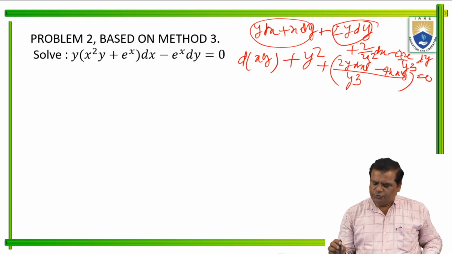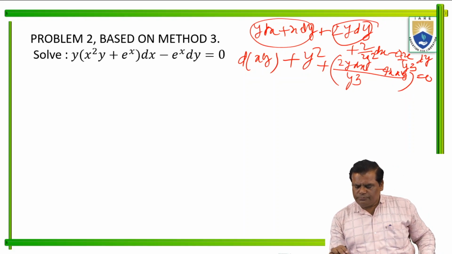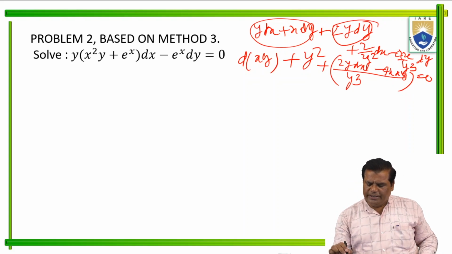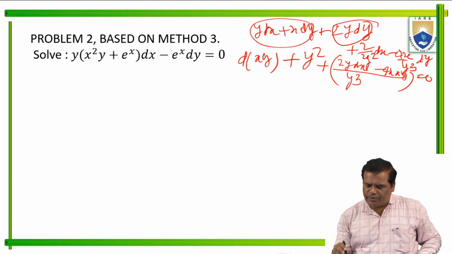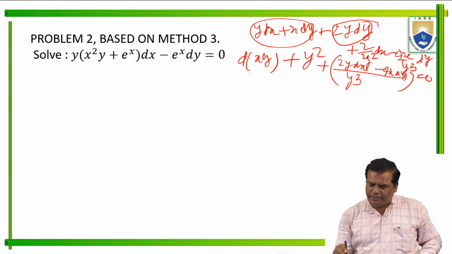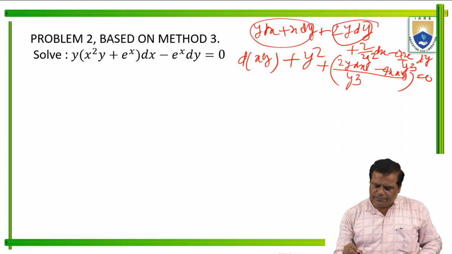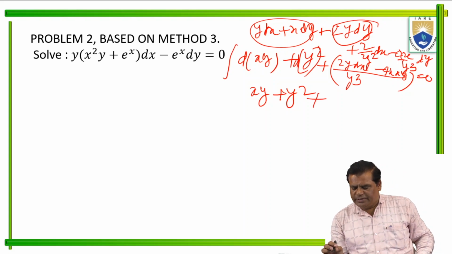So what is this? 2y dx and 4x dy. So this is the d of xy plus y square, integrating this, this is the d of y square. And here, what is the differential of this?